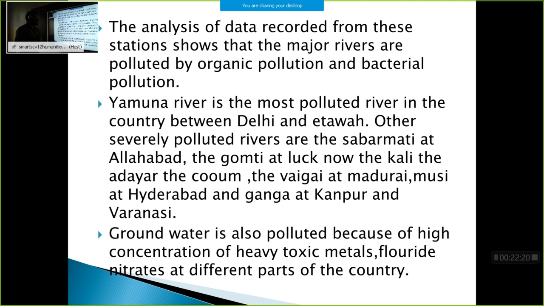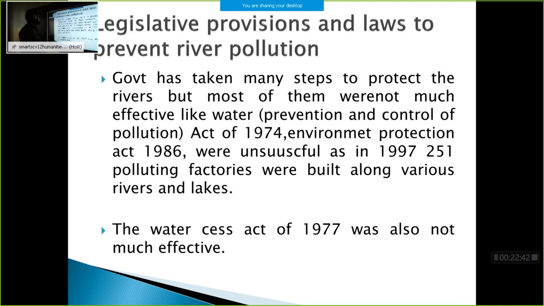The groundwater is also polluted because of high concentration of heavy toxic metals, fluoride, and nitrates in different parts of the country. These are some of the very toxic chemicals making the pollution.